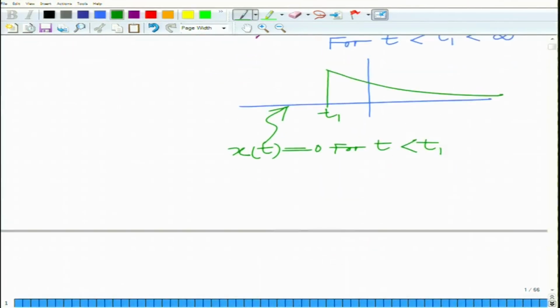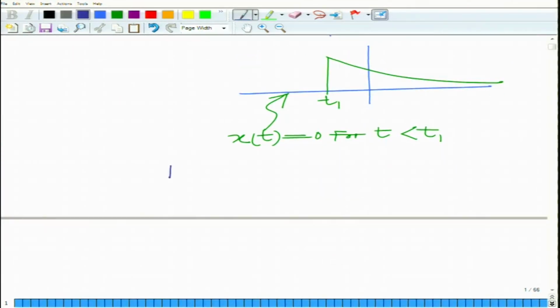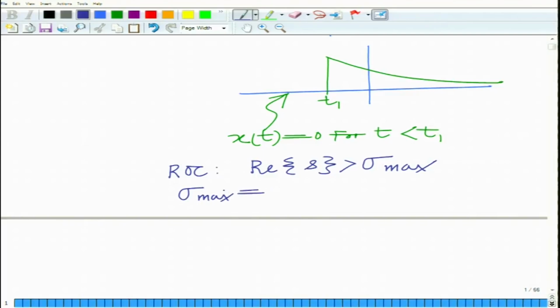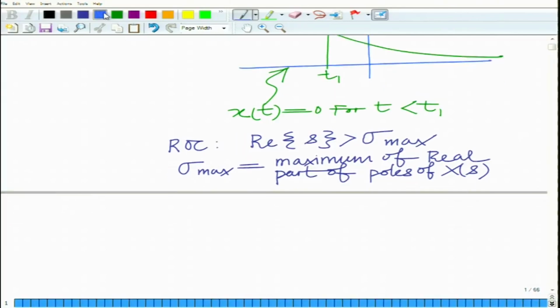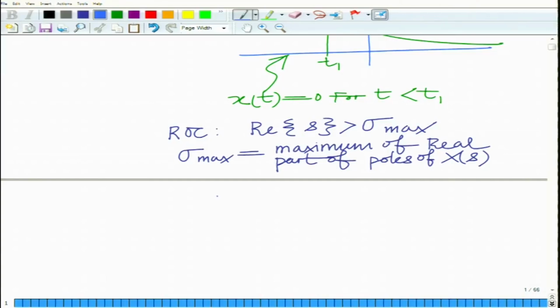For this kind of signal, a right handed signal, the ROC is of the form real part of s greater than sigma max, where sigma max equals the maximum of the real part of the poles of X(s).